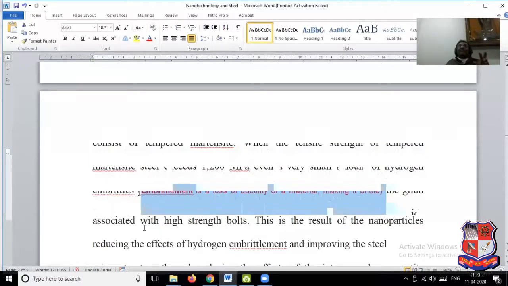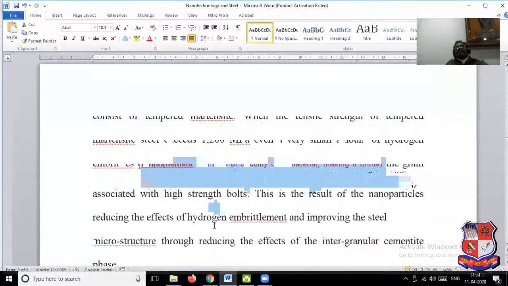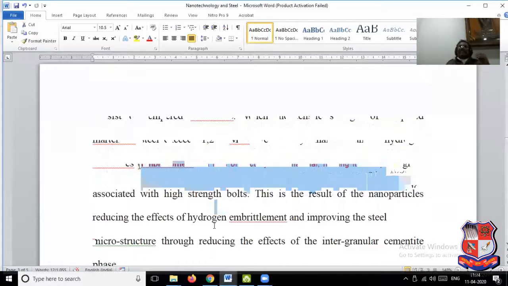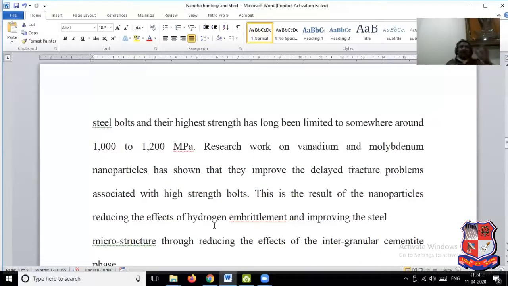But suppose you have research work adding nanoparticles of vanadium and molybdenum. If you add that, then they have improved the delayed fracture problem associated with high strength bolts, and this is a result of the nanoparticles reducing the effect of hydrogen embrittlement. Ultimately now you are able to sustain a very high amount of load, far more than 1200, in the order of 1800 to 2000 megapascal.